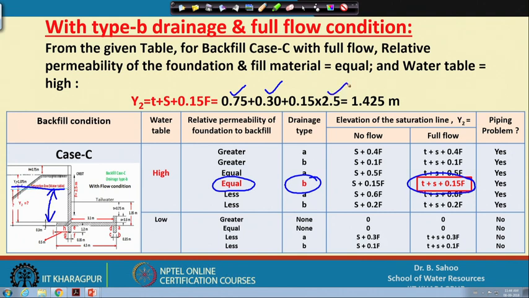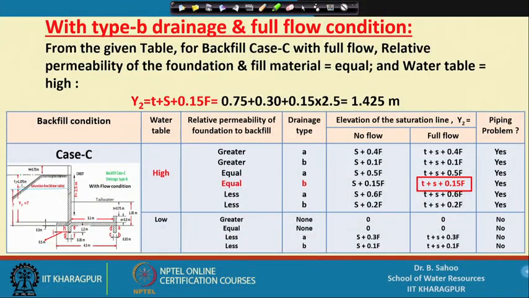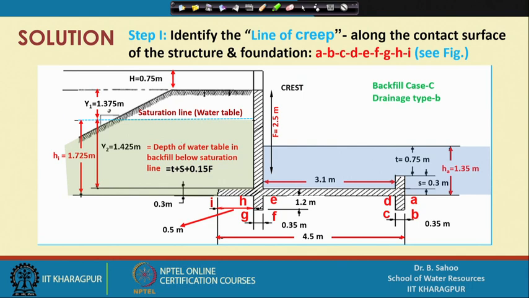So we will get 1.425 meter. That means the height of this submerged backfill material from the top of this apron is 1.425 meter. By knowing this, now we will go to our next step.